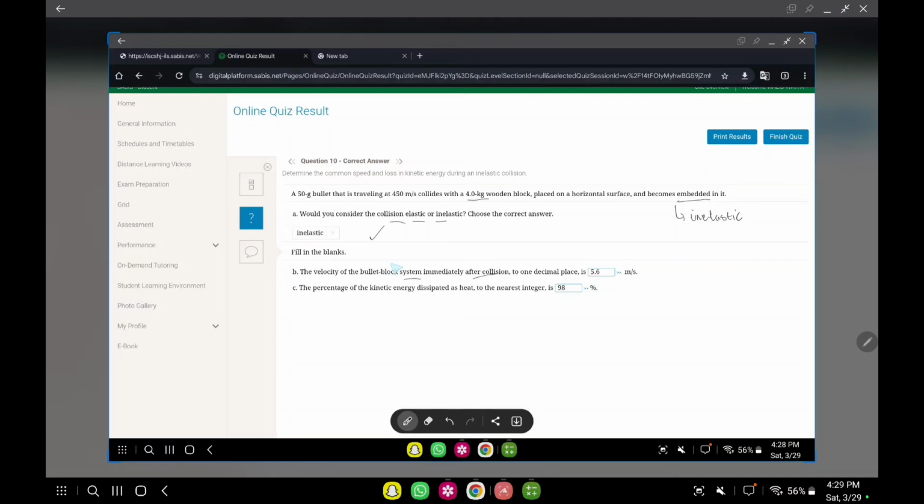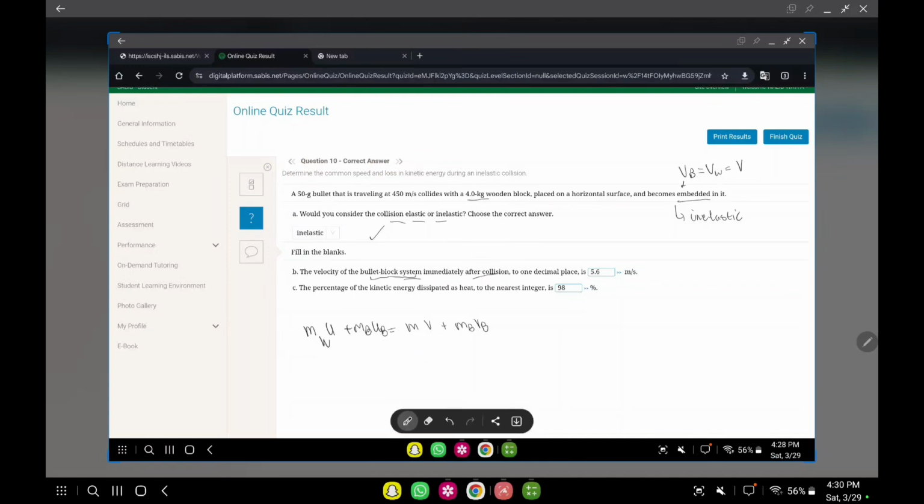Since they're embedded, they're referring to it as one whole system, which is completely fine. So V bullet equals V wood, which is equal to just V. Let's do our famous collision formula, MAUA plus MBUB equal to MAVA plus MBVB. In this case, let's treat B as the bullet and W as the wood.